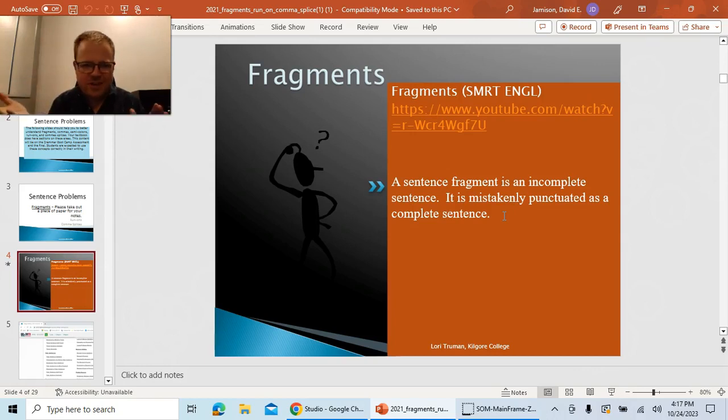Fragments are the same things as dependent clauses a lot of times, where it's part of a sentence but it's missing either a subject or a verb or a predicate rather, or it is an incomplete thought. So it could have both of those, but it isn't completing its thought.